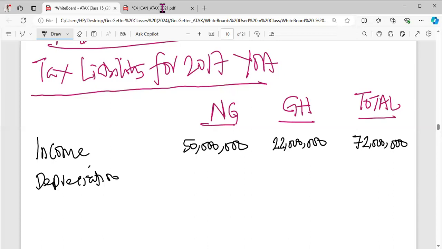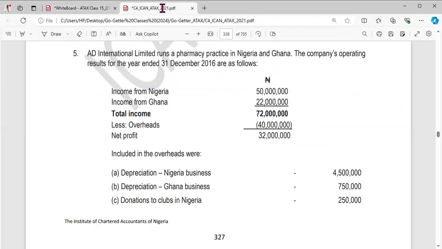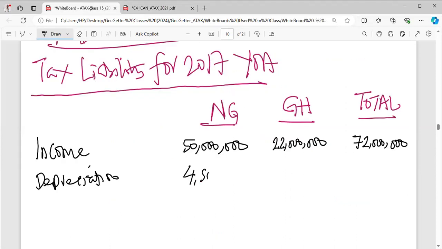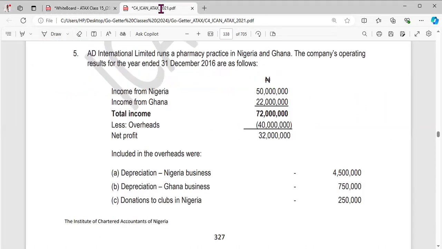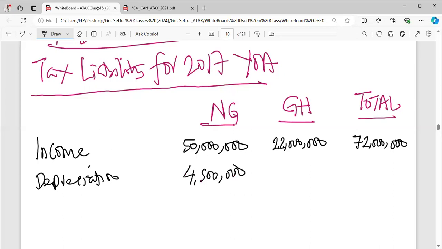Nigerian depreciation is 4.5. Ghana depreciation is 750.